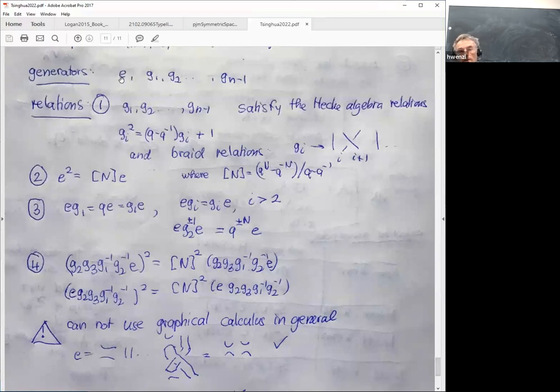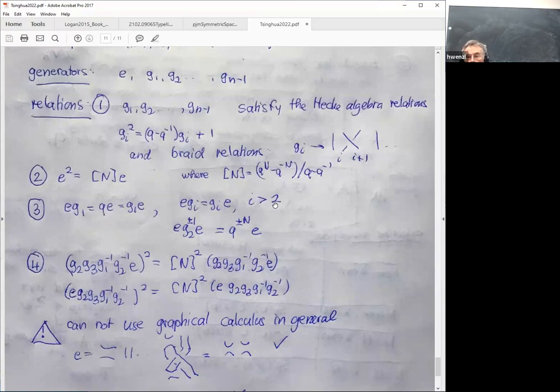Now, similarly as in the classical case, E is essentially a projection. E squared is equal to [N]E, where [N] is the q-number for N. And E should commute with the first one, namely E is essentially just the subprojection of the eigenprojection for q.